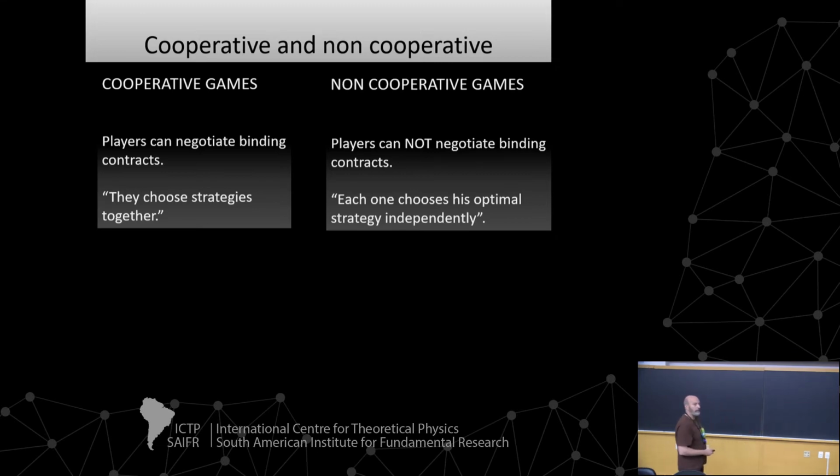Excuse me, Marcelo, can you give an example of the cooperative? Yes. A cooperative game is, for example, suppose that you live in a country that is having presidential elections. And after the first round, there are two candidates, and there are other candidates that were not included because they didn't want.